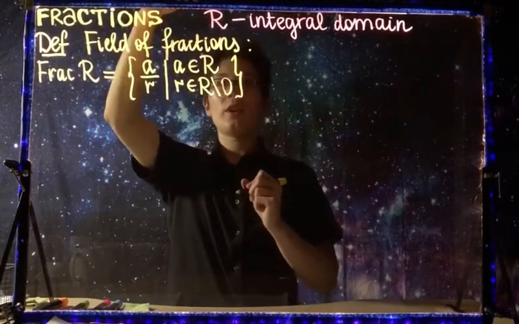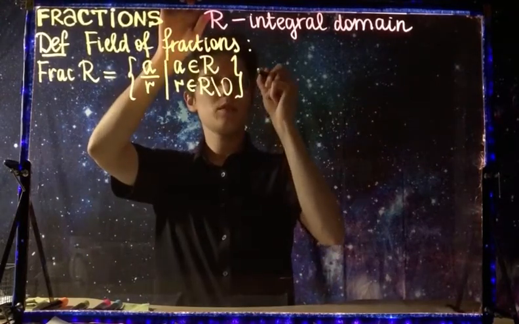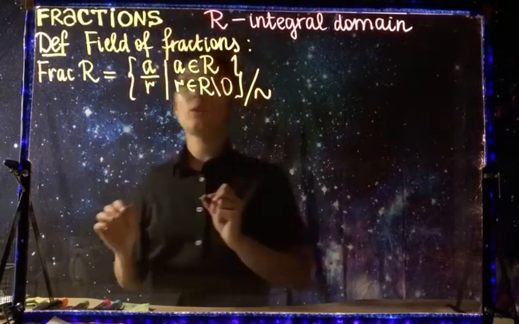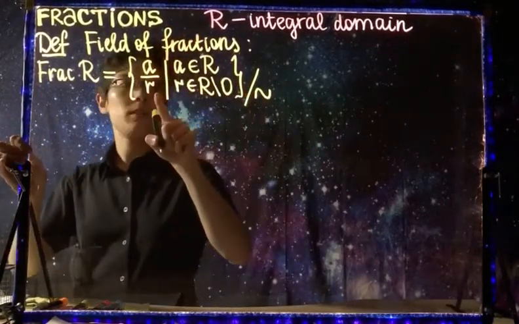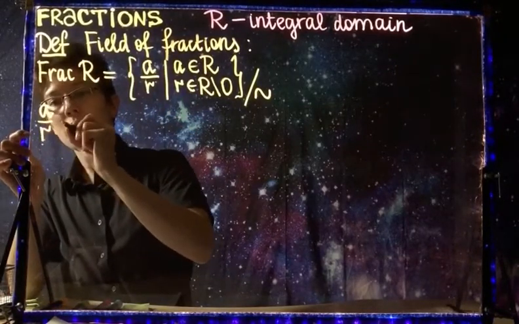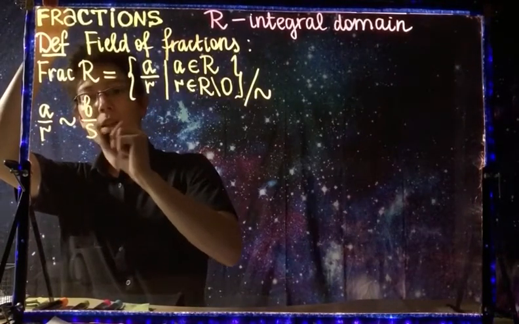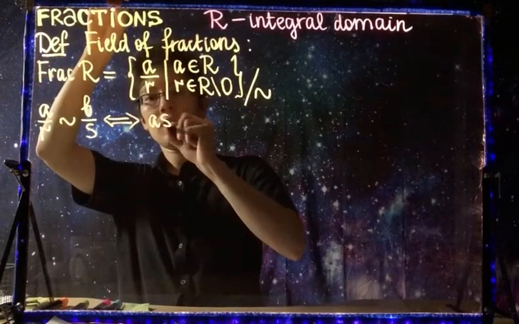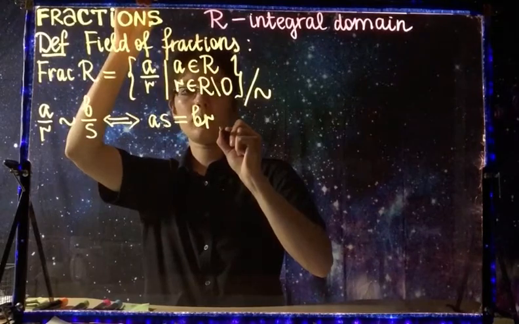And as with the case of integers and rational numbers, we want to introduce an equivalence relation on these symbols. We say that A over R is equivalent to B over S if and only if AS is equal to BR.